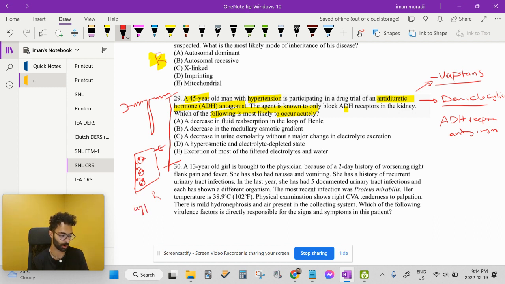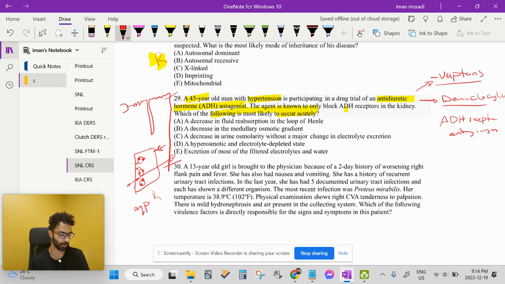That allows water to move from the urine, from the lumen of the tubule, into our blood, and that's how it causes antidiuresis, right? So it reabsorbs only water.